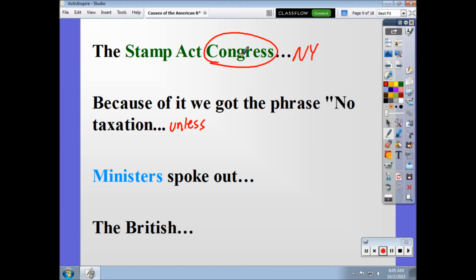But there's nobody in Parliament that represents the people of the colonies. There are people all over England, and they have representatives in Parliament. But the people in the colonies have no representatives in Parliament. And that's really their concern. Who speaks for them? And remember, representatives are people that you elect, people that you vote for, not people that are selected for you that then are supposed to represent you. And there's nobody in Parliament that does that.